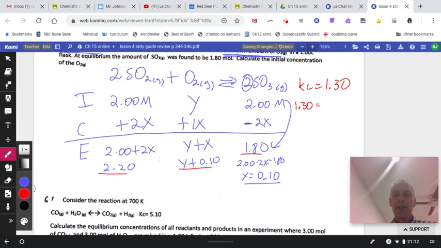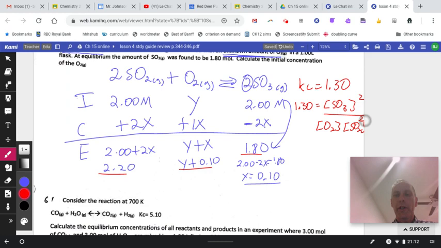So our equilibrium expression is concentration of SO3 squared over concentration of O2 times concentration of SO2 squared. Okay, so I'll substitute those in. SO3 is 1.80 squared divided by O2, which is y plus 0.1.